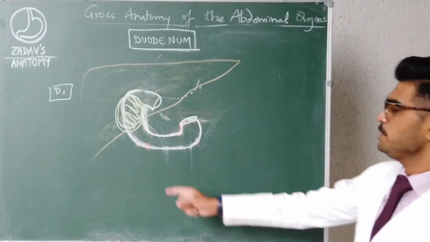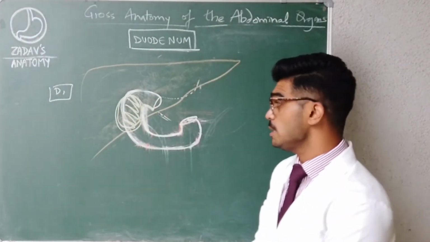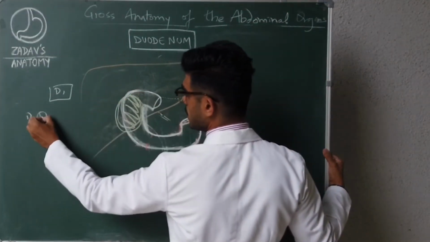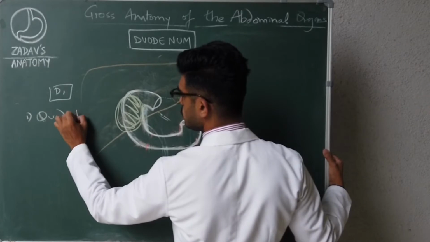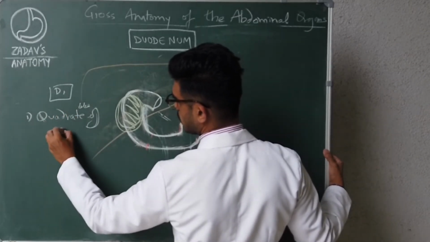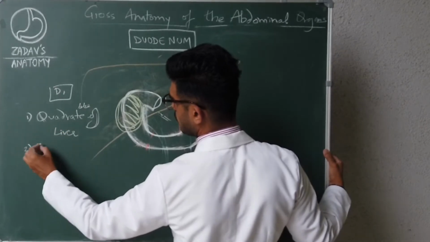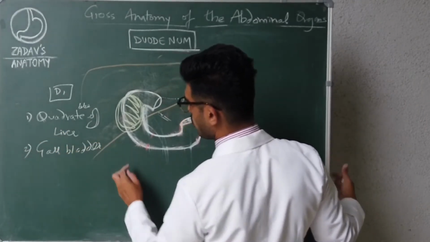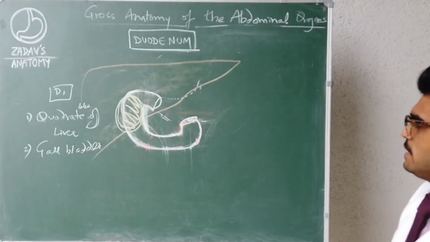So anterior relations of D1 are the liver, but to be more precise, exactly in that area lies the quadrate lobe of the liver, which you shall study in liver. Okay, and gallbladder. Okay, that's the anterior relations of D1.